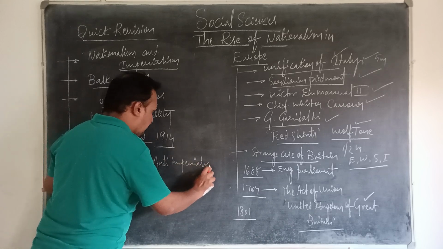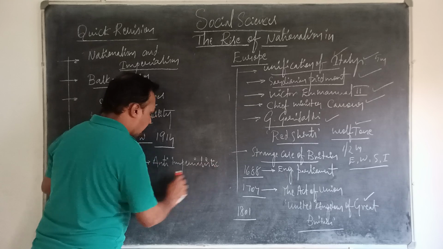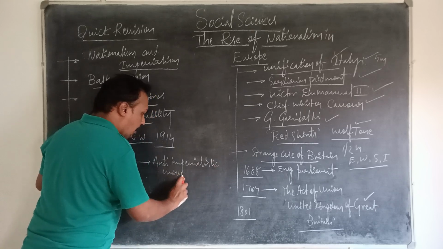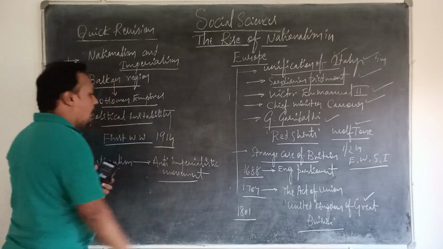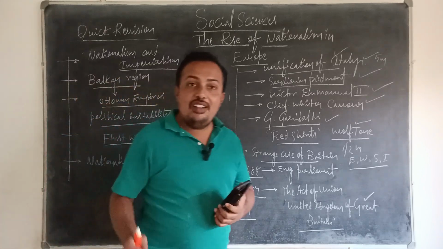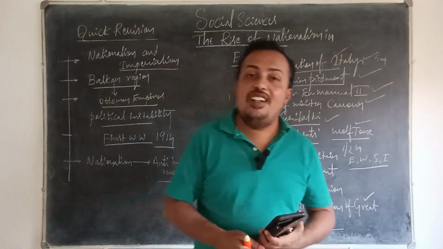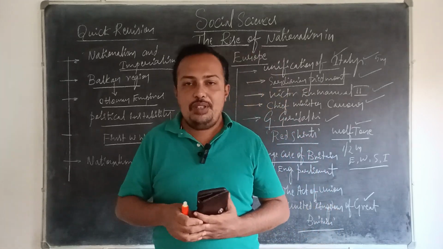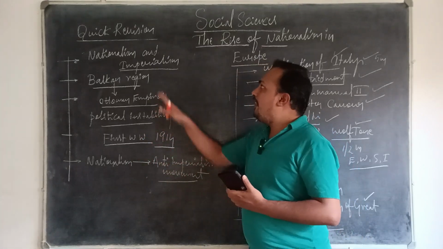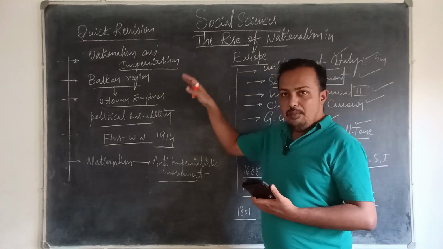These are movements against the imperialistic policy. India also raised a banner against the imperialistic policy, or colonial rule, of the British. So that's it to speak about nationalism and imperialism in brief.